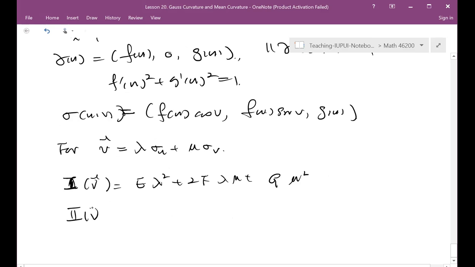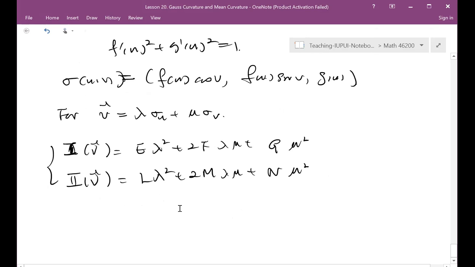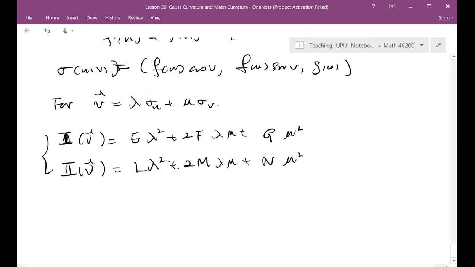The second fundamental form is L lambda squared plus 2M lambda mu plus N mu squared. Since we did the computation before, I'm not going to repeat it. So I just have a list. E is going to be 1, F is going to be 0, and G is going to be f squared.